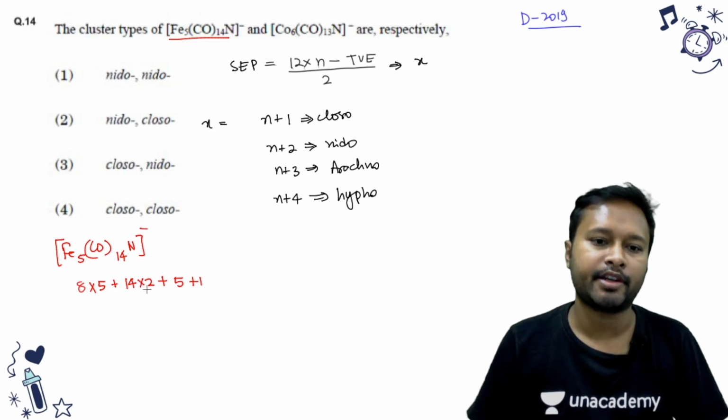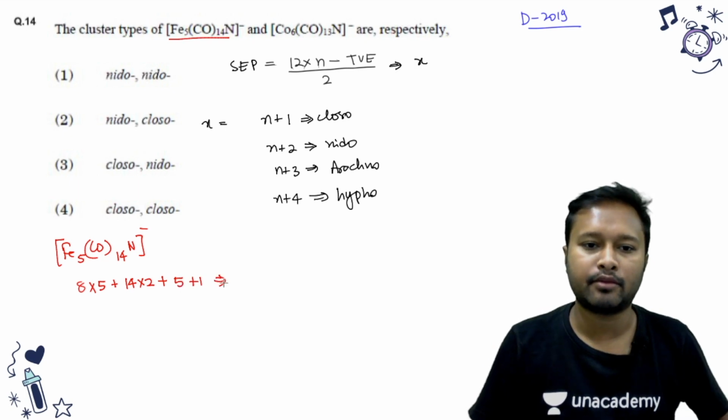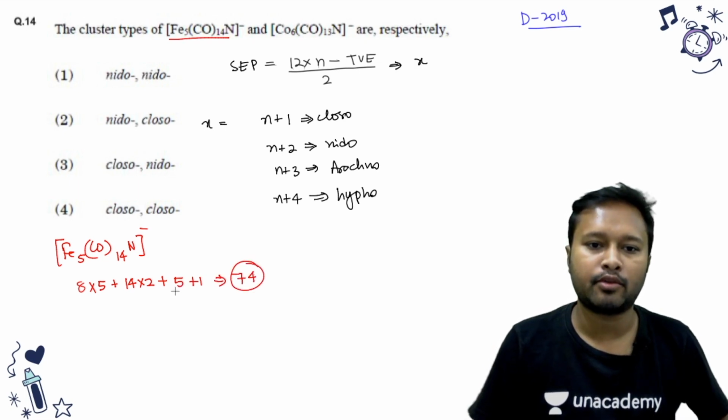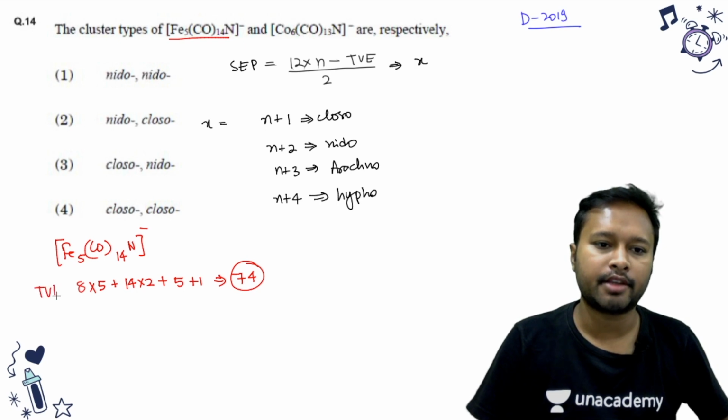So 40 plus 28 is 68, plus 1 is 69, plus 5 is 74. So it comes out 74 as your total valence electrons.